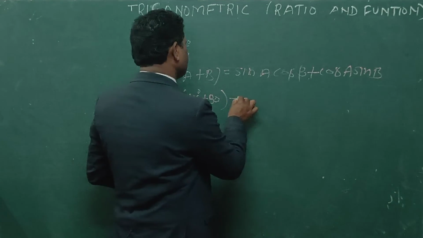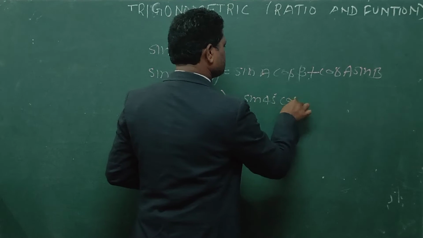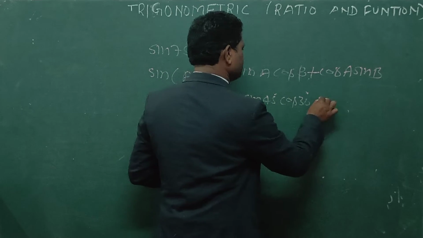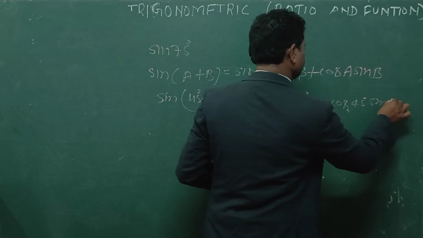It means sin 45 cos 30 plus cos 45 sin 30.